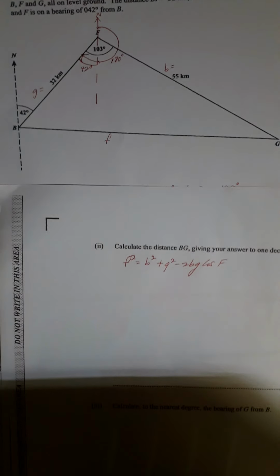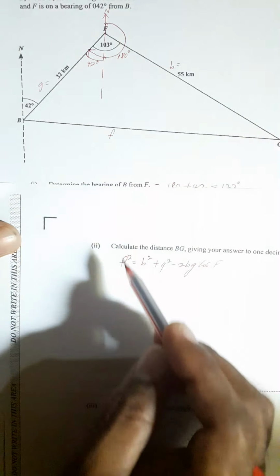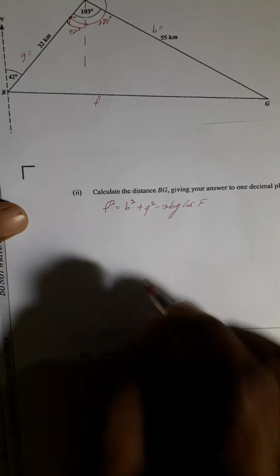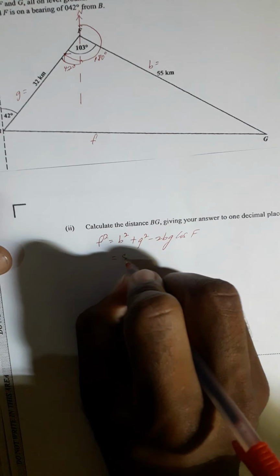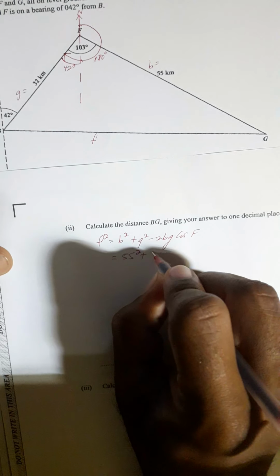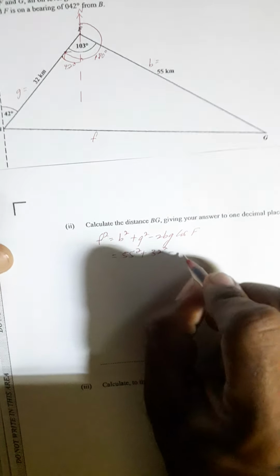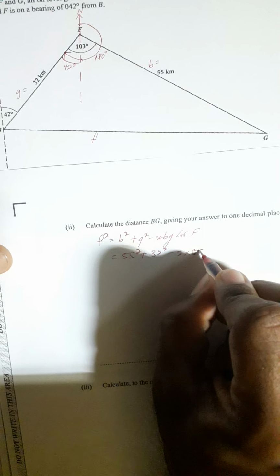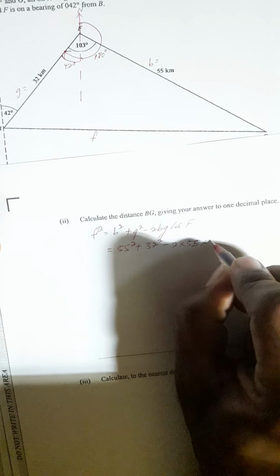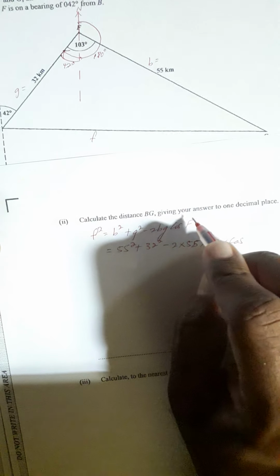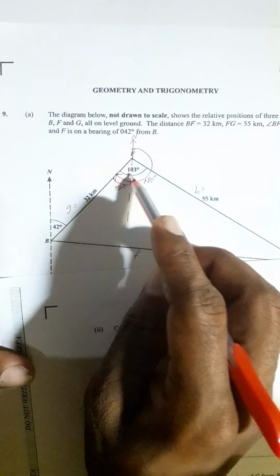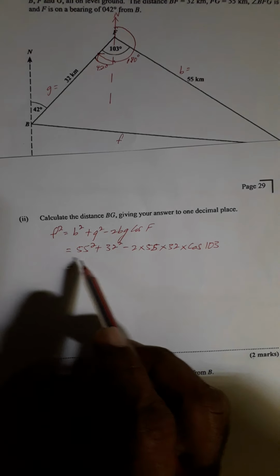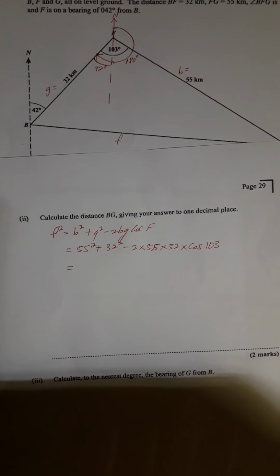All we need to do now is substitute the values from the question and use our calculator. Looking at the diagram, we know that one side is 55, minus 2 times 55 times 32 times cos F, and this angle is given to be 103 degrees. We can work all of this at once on the calculator.